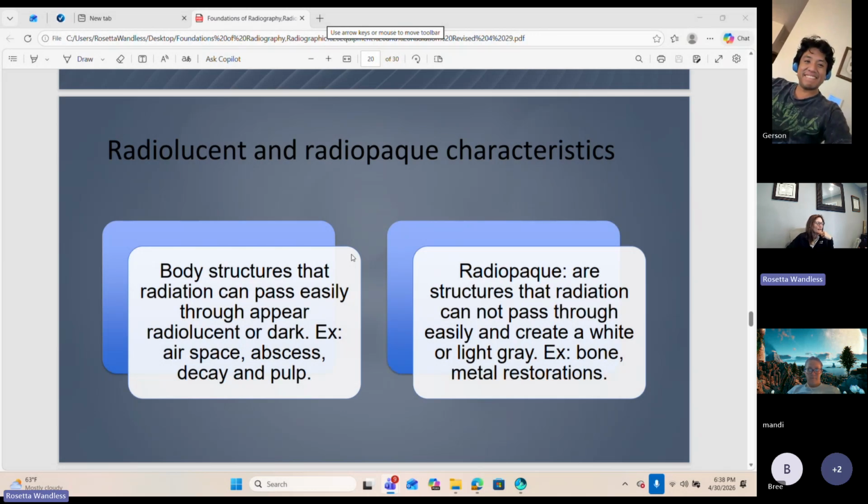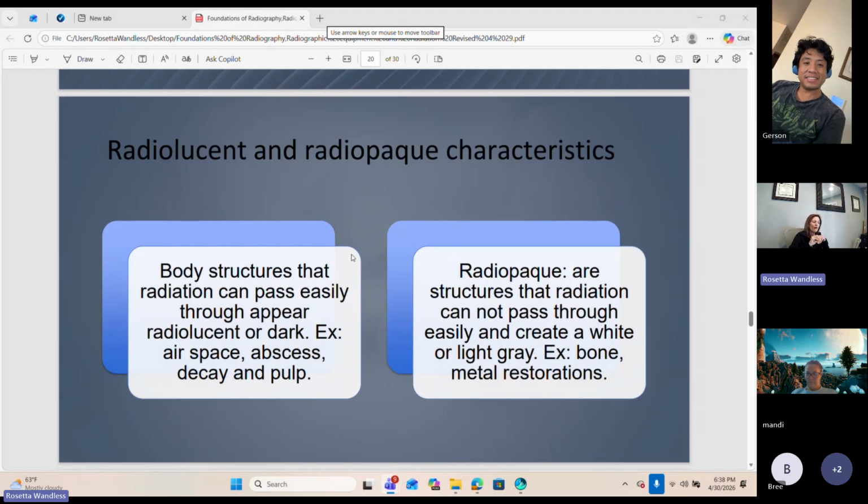So let's talk about radiolucent first, okay? Radiolucent images or characteristics are going to be described when we describe body structures that the radiation can easily pass through. There's going to be no hindrance, no bouncing really off of it. It goes straight through.